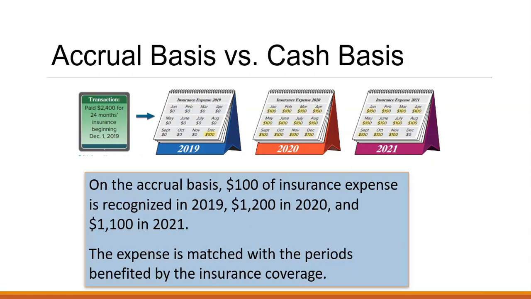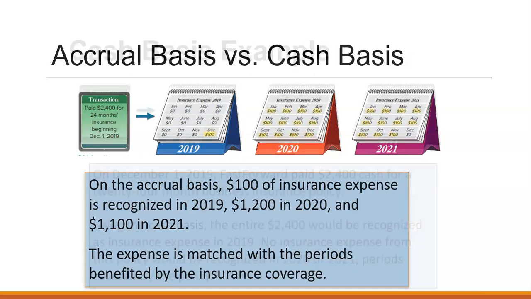We match the expense with the period that benefits by the insurance coverage. This follows the matching principle that we talked about in Principles of Accounting 1, where we have to match revenues and expenses. So again, all of this is required by GAAP.